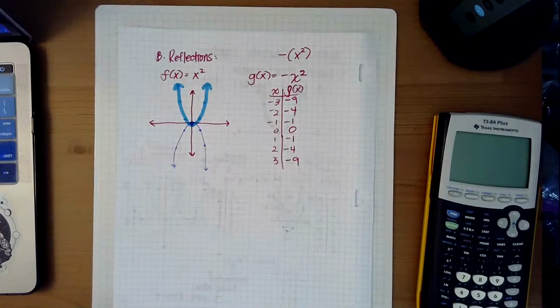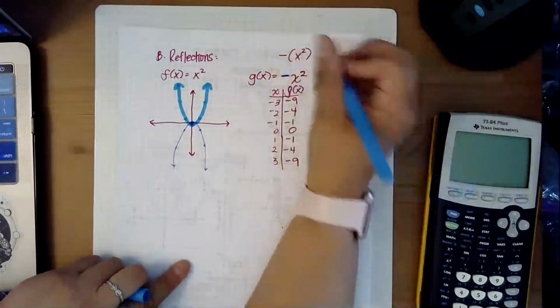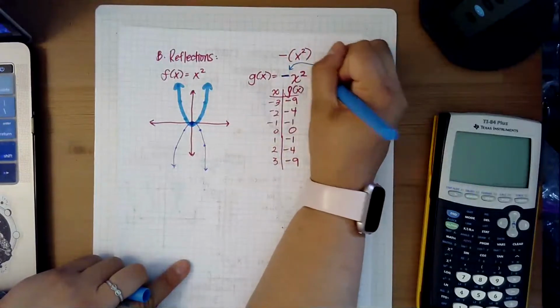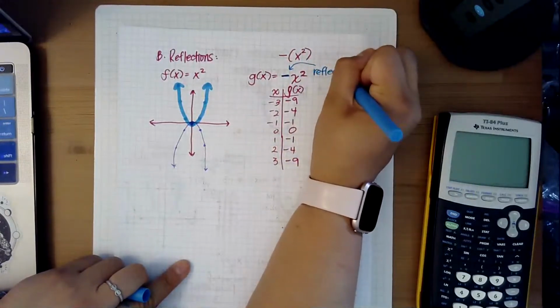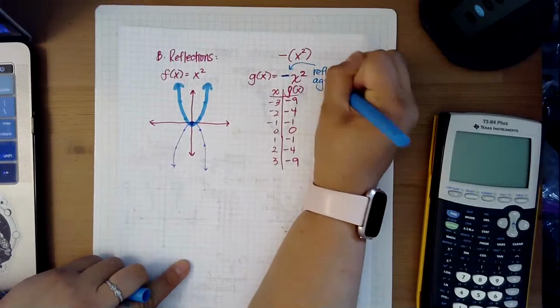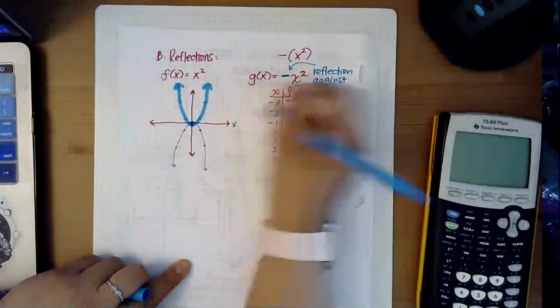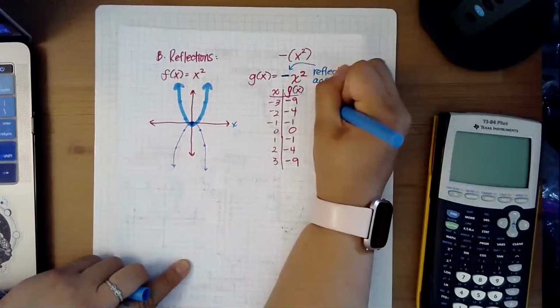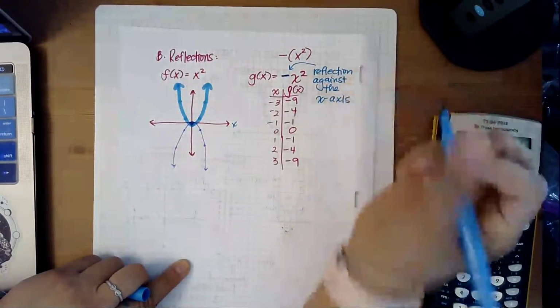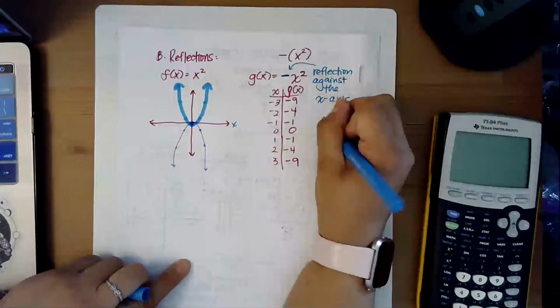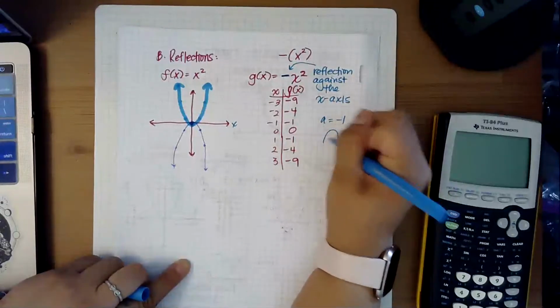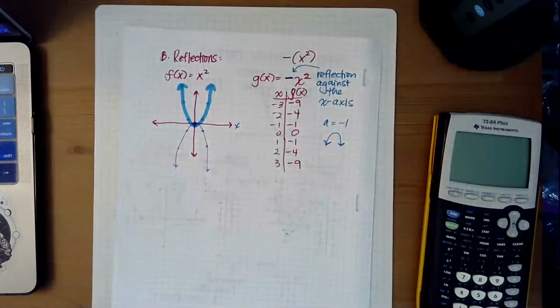So this right here, that little thing right there, indicates a reflection against what? The x-axis. And it's also letting me know that A is equal to -1, which means the concavity is down, okay?